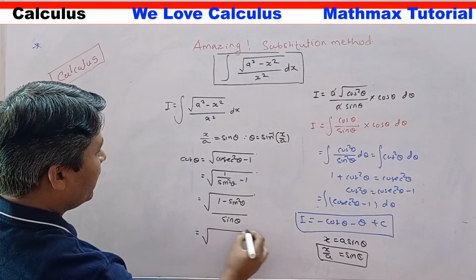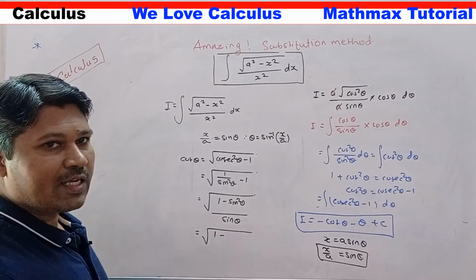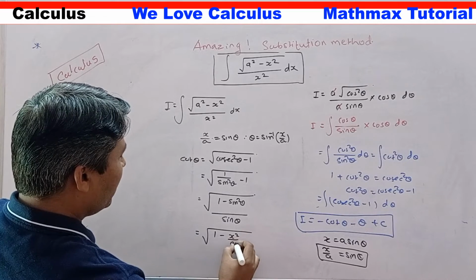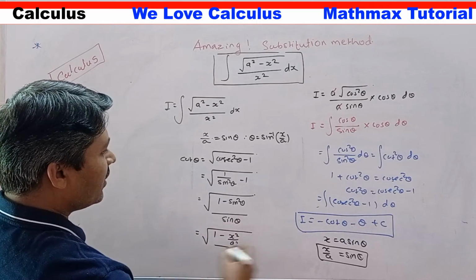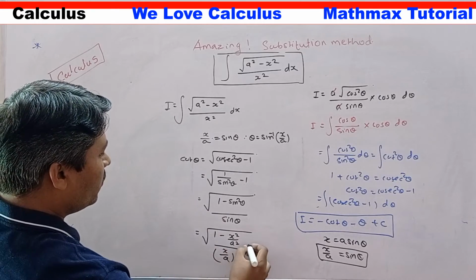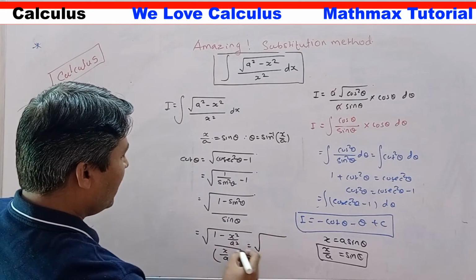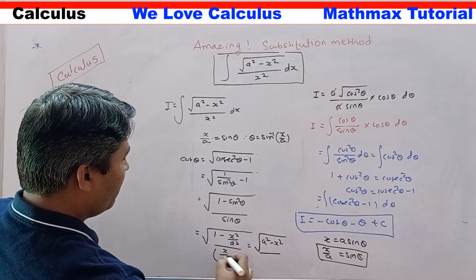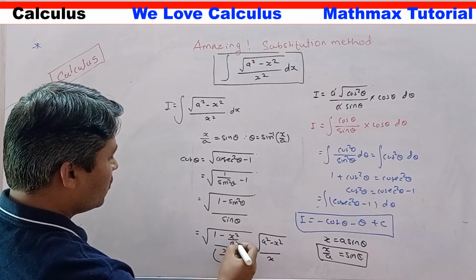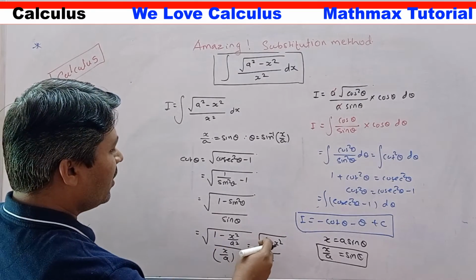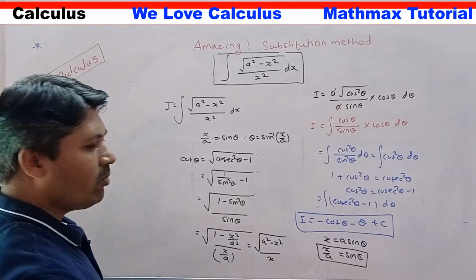Therefore we put here 1 minus x squared divided by a squared, divided by sin theta, that means x by a. Then in simplification form we get a squared minus x squared divided by x squared a squared, and this a gets cancelled, and we get the square root of a squared minus x squared divided by x.